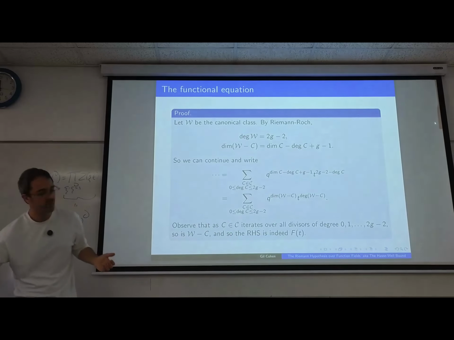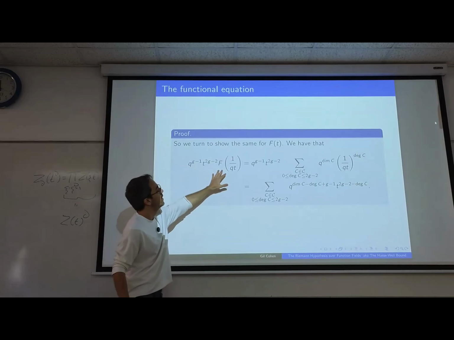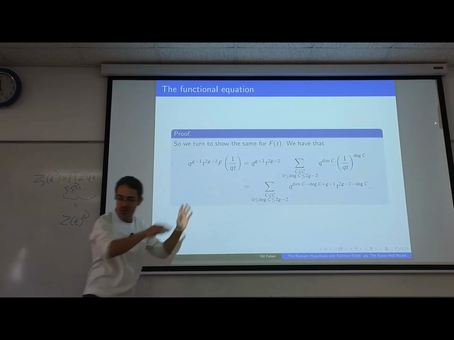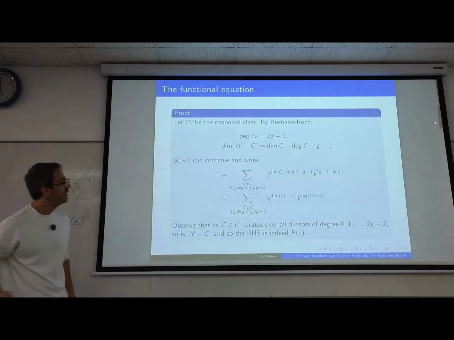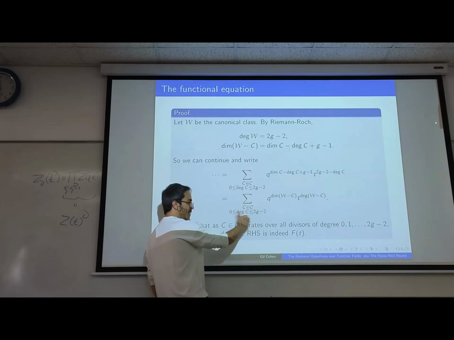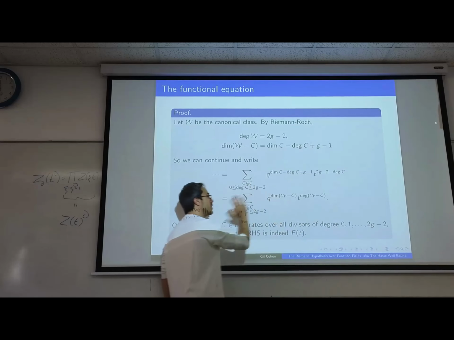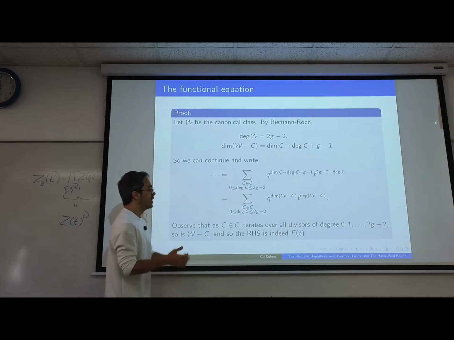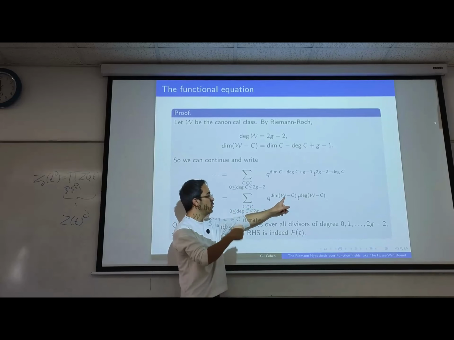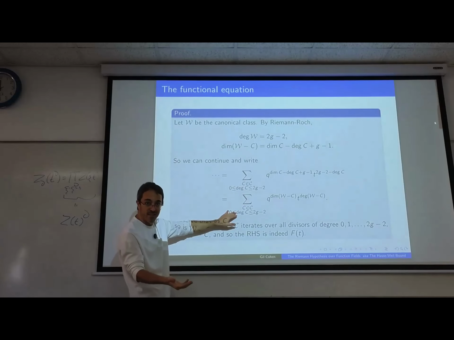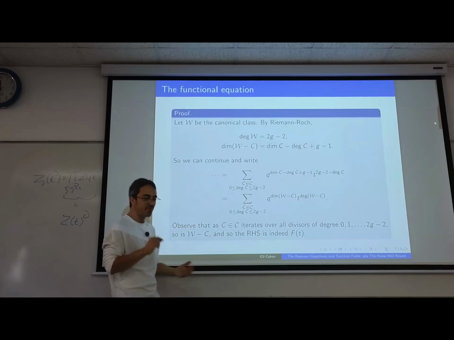We did something very weird. We started like this, and then we summed over the C's, but with weird degrees and dimensions floating in the exponents of Q and T. But at the end of the day, we got the same sum, the same summands, and every element here, well, it's not what was written before. There was a dim C and deg C. But the point is that when you do W minus C, you also iterate over all these C's, just reversed.